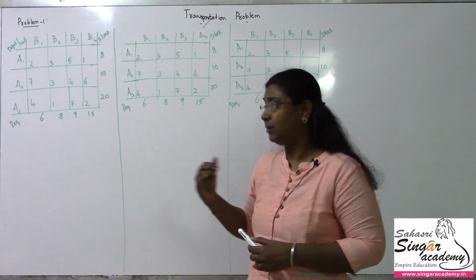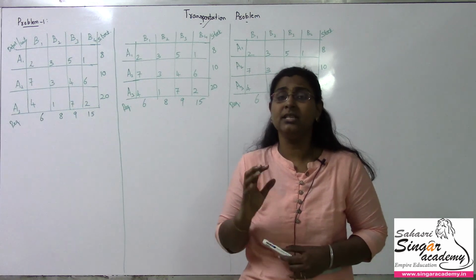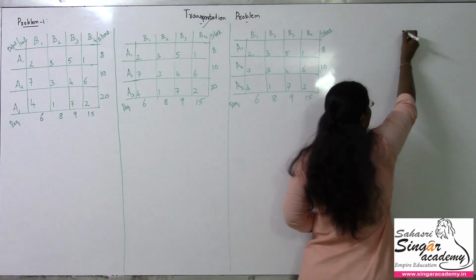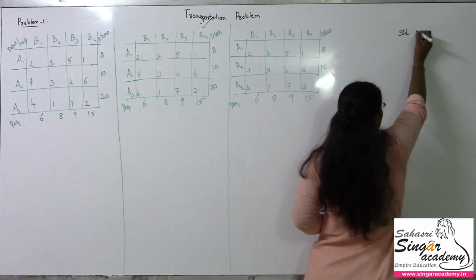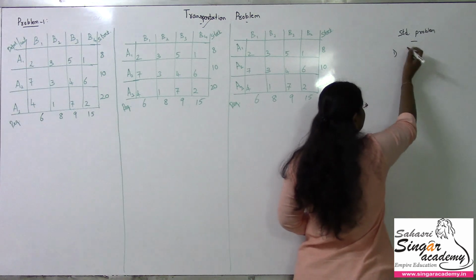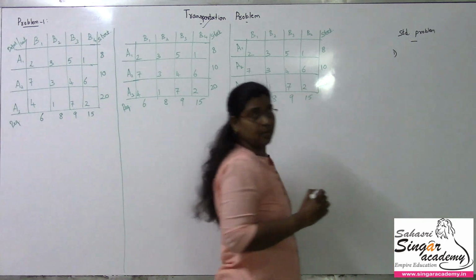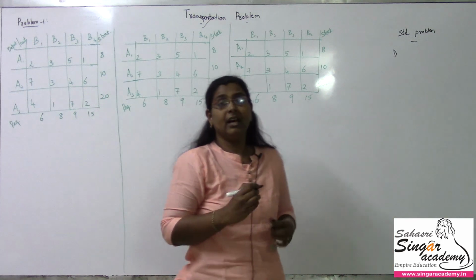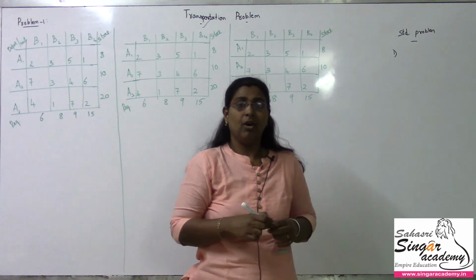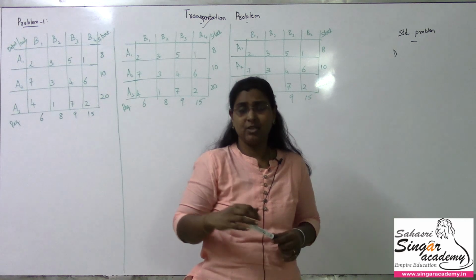To start with the problem, we need to check whether it's a standard problem. For a problem to be a standard one, we have two checks. One is whether it is balanced. Balanced in the sense that if there is more supply and less demand, or less supply and more demand, it is definitely going to go in vain.